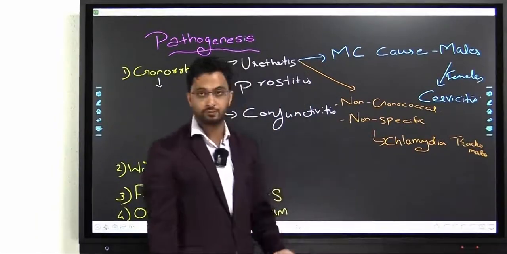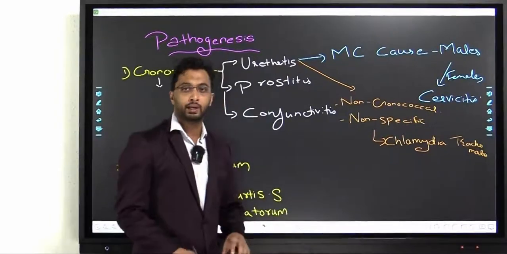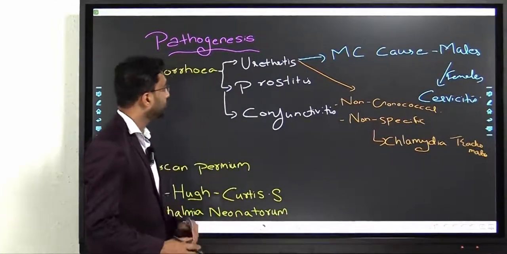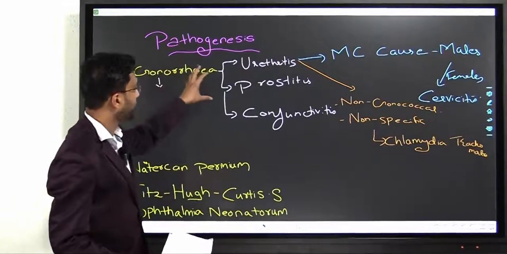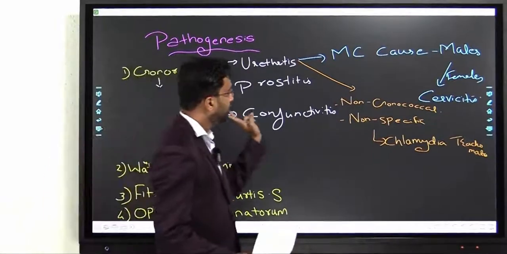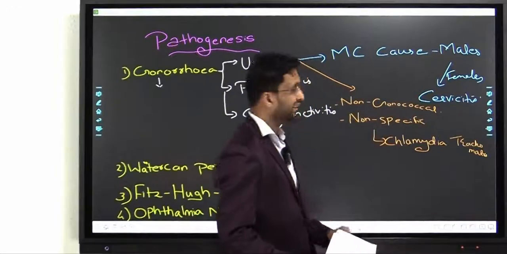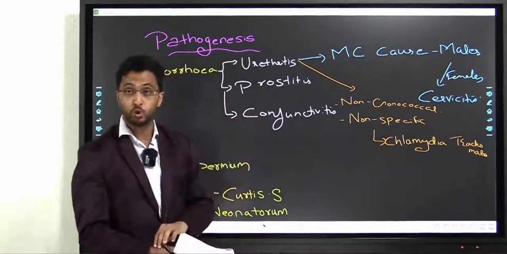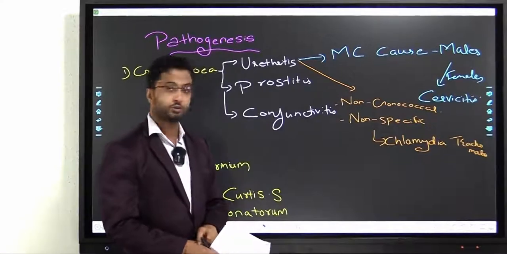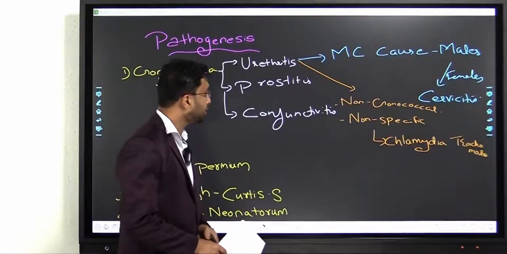This is very important. To recap: the triad is urethritis, prostatitis, conjunctivitis; the most common cause of urethritis in males is gonorrhea, and the most common symptom in females is cervicitis; and if it is non-gonococcal, the most common cause is Chlamydia trachomatis.